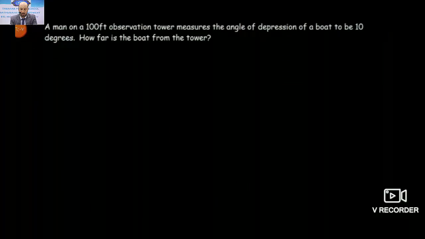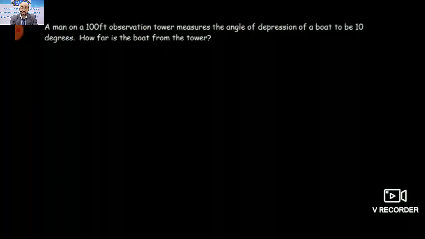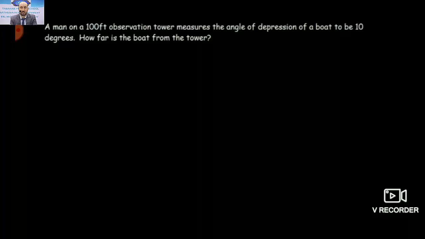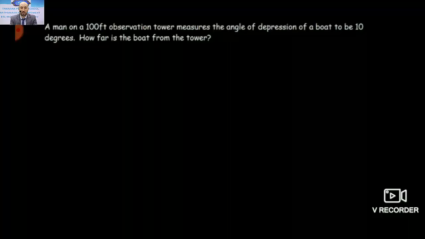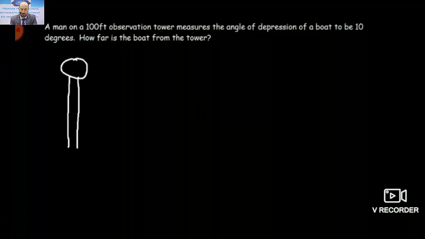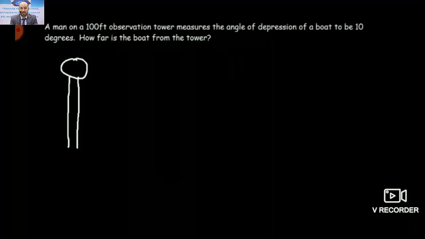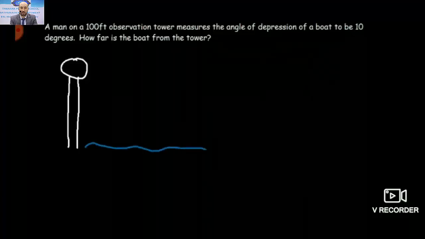And now for the next example, a man on a 100 feet observation tower measures the angle of depression of a boat to be 10 degrees. How far is the boat from the tower? To find it, we have to know how to draw it. Imagine the boat, the tower and the sea, and try to draw the right angle triangle. Here we have the tower, and if you are standing at the top of the tower, you are seeing the boat at an angle of depression.